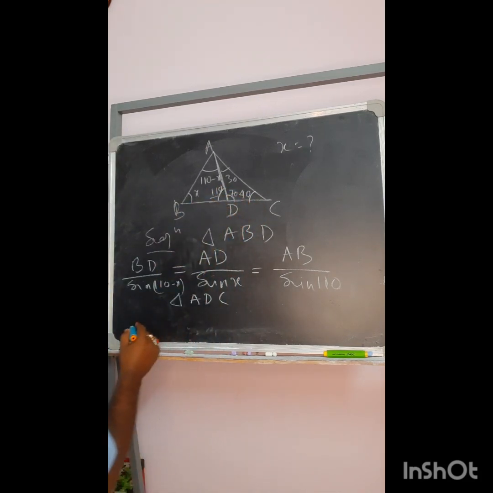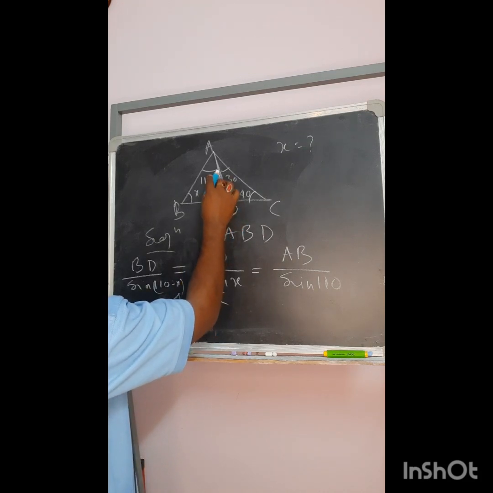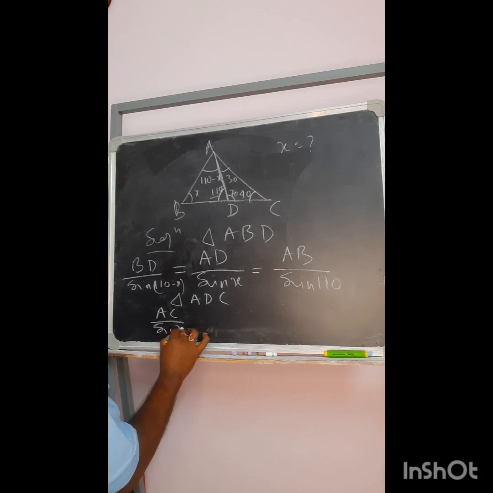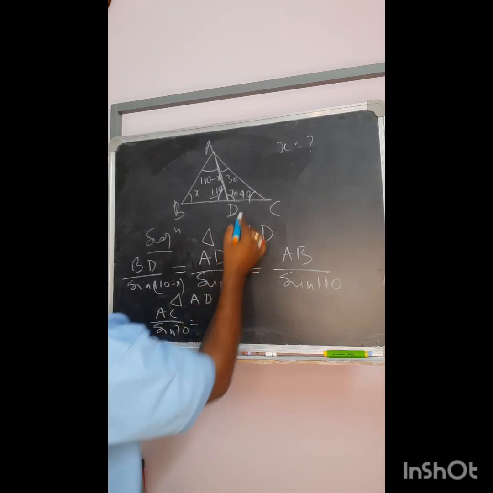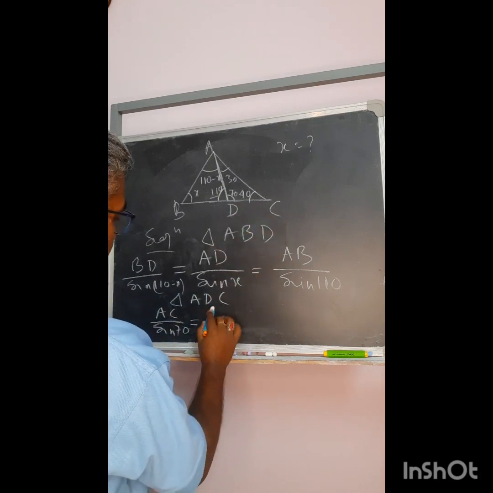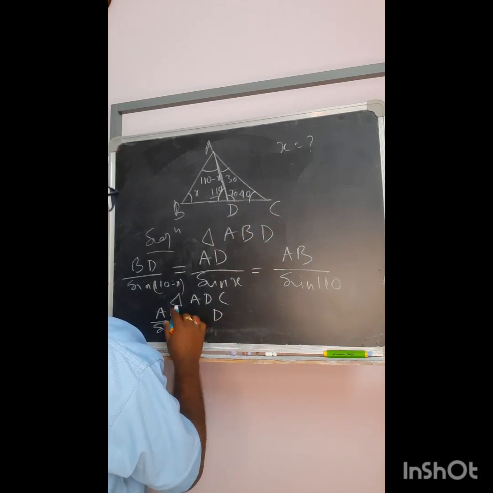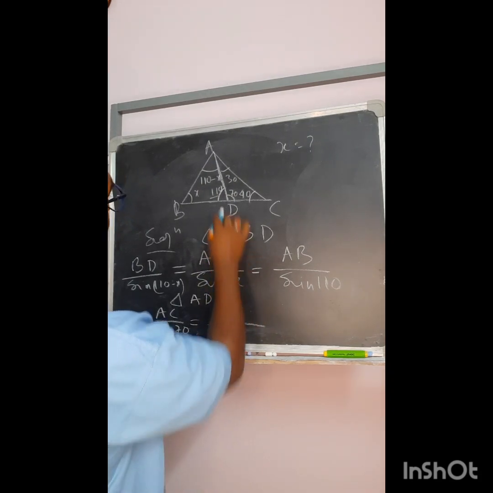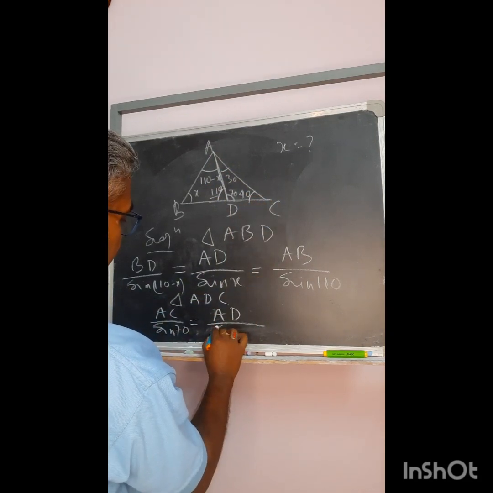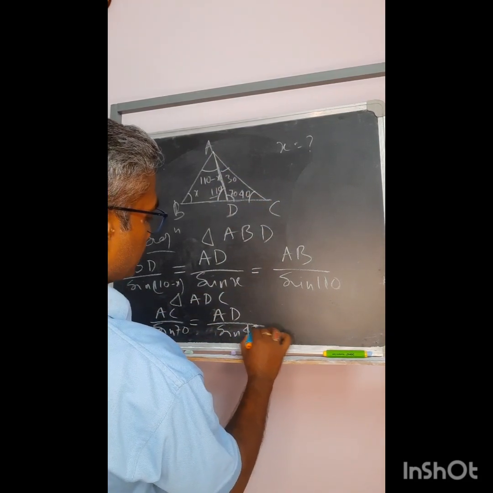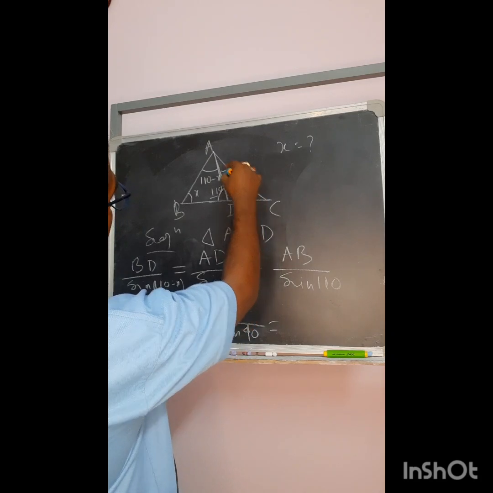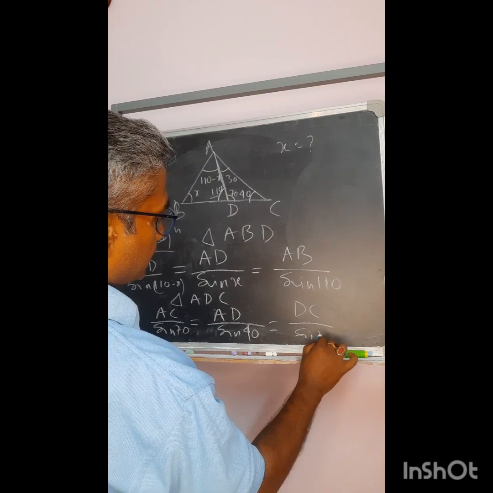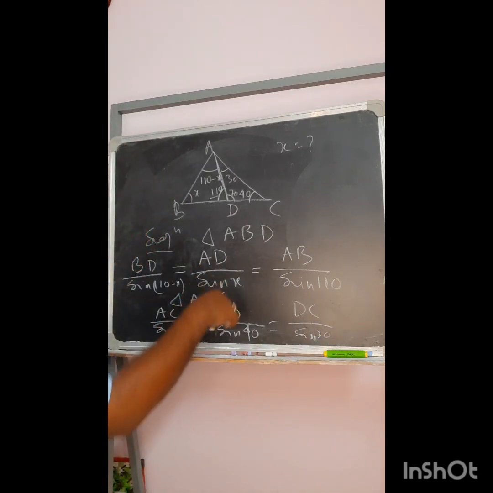So this would be AC upon sine of 70, equal to AD upon sine 40, and the remaining is DC upon sine 30. So these are the two equations.